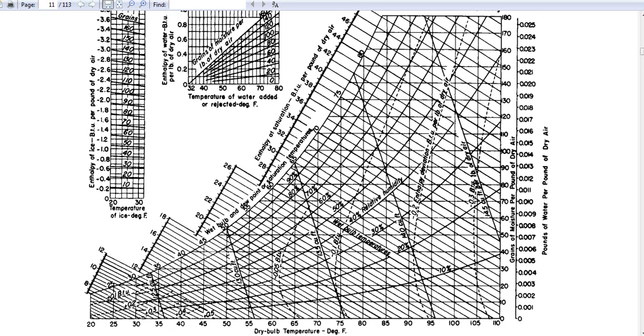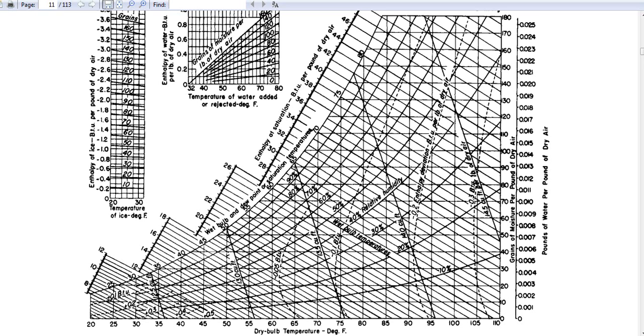So I like to use the 40 degrees Fahrenheit dry bulb temperature and the 36 degrees Fahrenheit wet bulb temperature. So if this is 35, this must be 36. We go down until we reach 40. So this is 40. If this is our point 40, this is the point of intersection of 36 and 40.